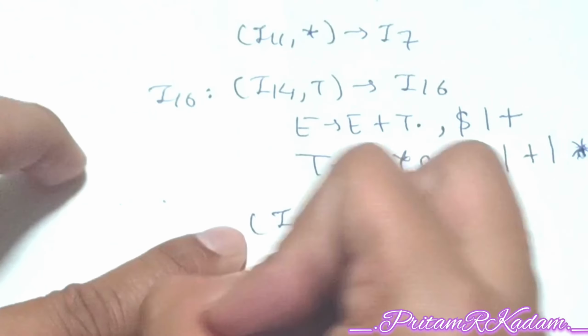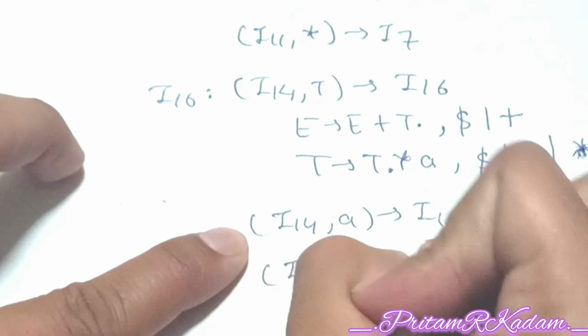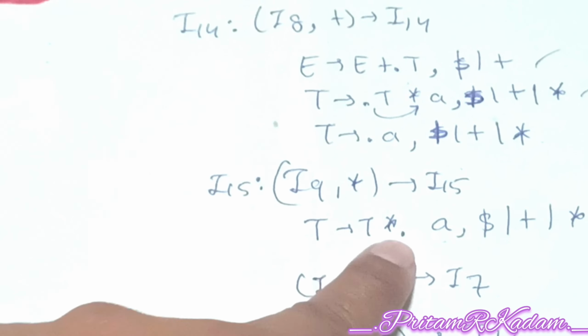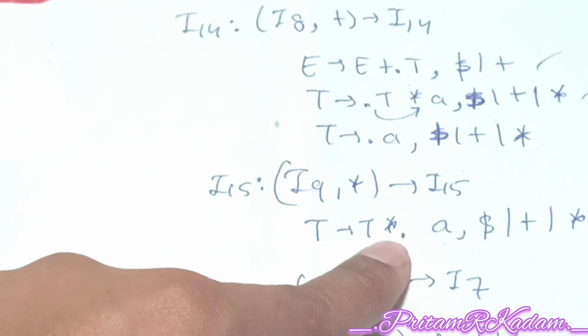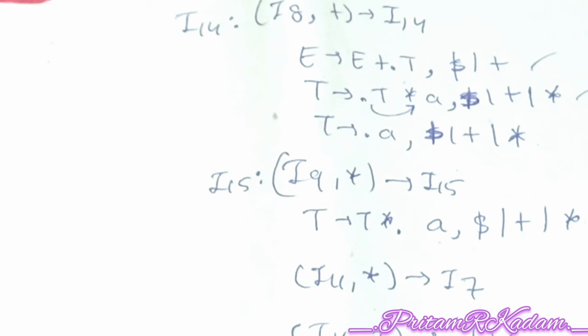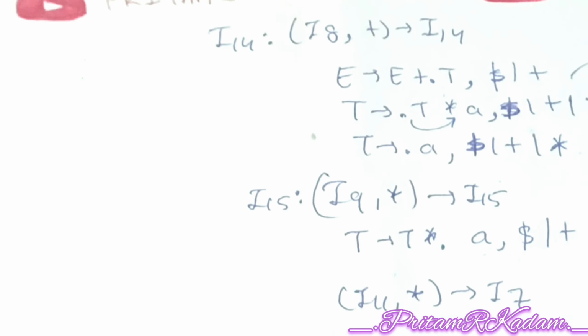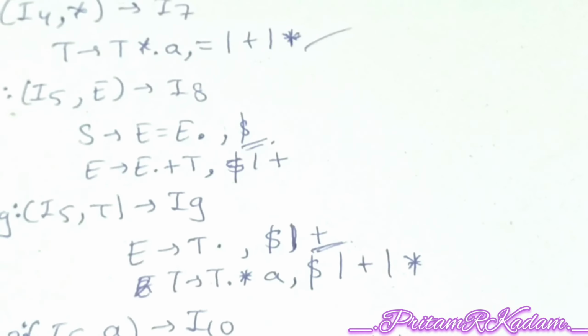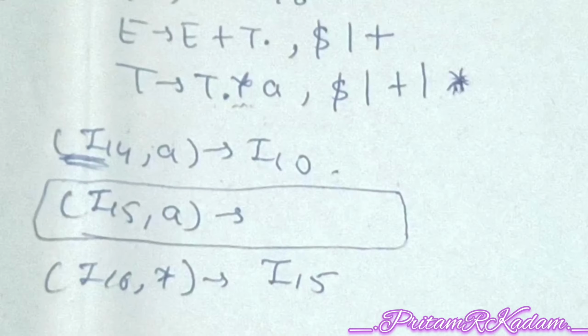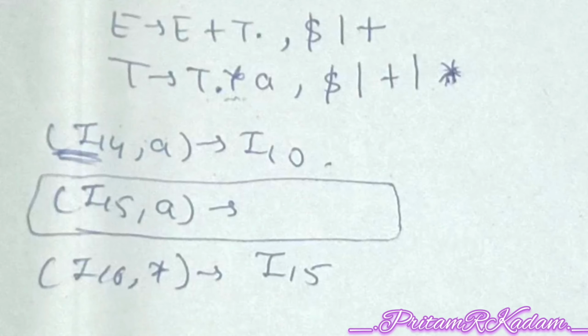Now for I15 on small a goes to T gives T star A dot with look ahead dollar, plus and star. Let me check if we have already completed this production somewhere. We have T star A dot with look ahead dollar, plus and star. So we will have a new state in place of that.